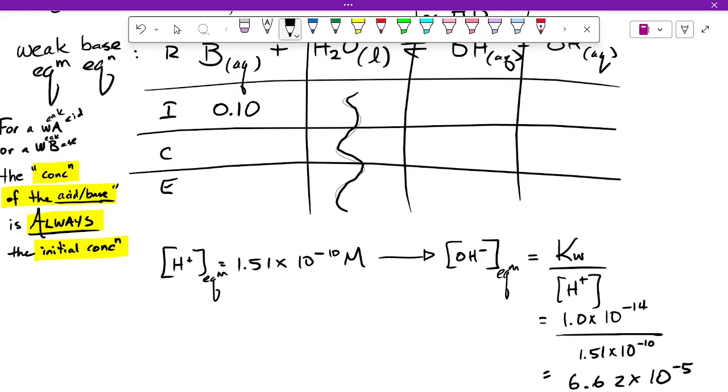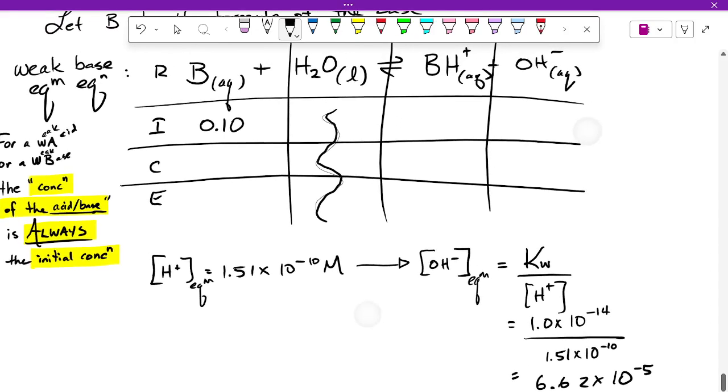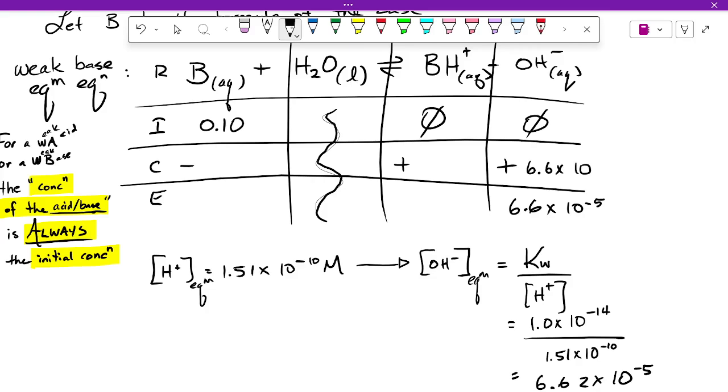So I'm just going to call that 6.6 when I put it in my table, just to make my table tidier. So this is going to be 6.6 times 10 to the negative 5. And what were my initial concentrations of my BH plus and my OH minus? 0. So this is going to go down, this is going to go up, this is going to go up. 6.6 times 10 to the negative 5.